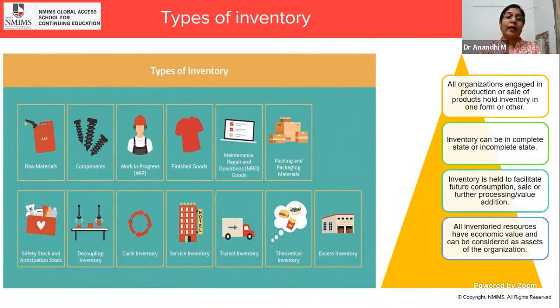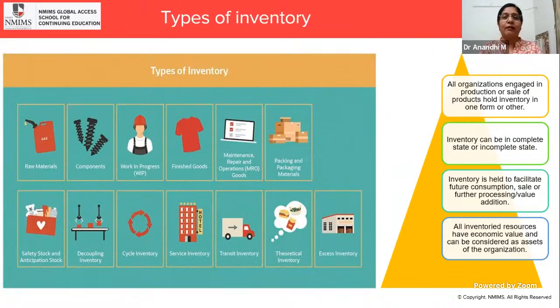So we have one more category, which we call MRO inventory: maintenance, repair, and operation. The category of products that fall under this supports the function of your manufacturing or services. For example, you have a manufacturing sector, the assembly line is there, and you need to maintain the equipment and the machinery.